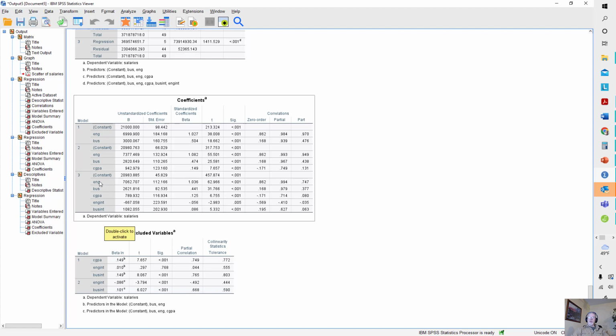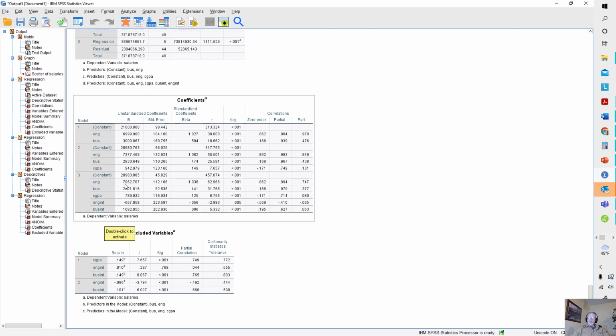So if I've zeroed out GPA and zeroed out my dummy codes, then I'm talking about the liberal arts majors. And since I centered GPA, I'm talking about when they have an average GPA. So liberal arts majors with an average GPA of right around 2.78 are expected to make $21,000 coming out of college.